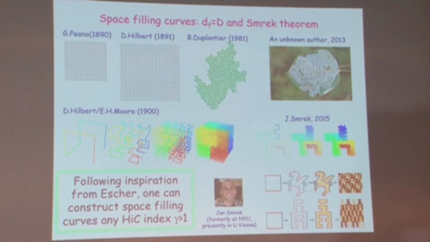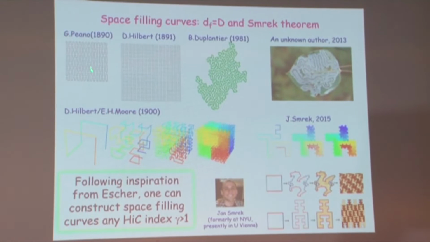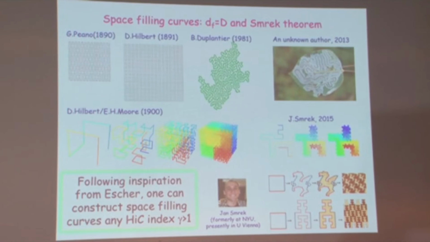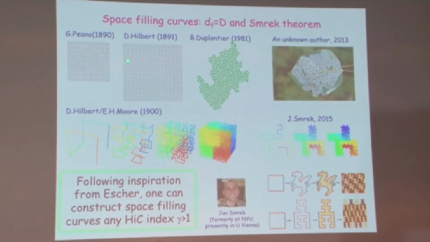So now going forward, I want to mention a theorem which was proven by my former student Jan Smrek. He was inspired by the mathematical history of various studies of space filling curves, starting from Peano and Hilbert at the end of the 19th century.